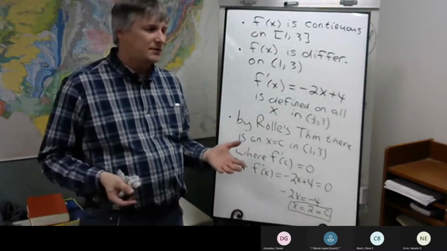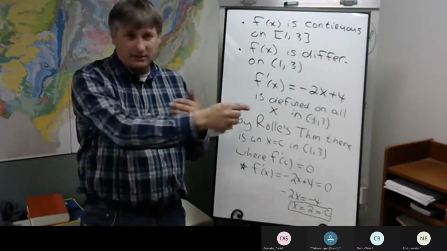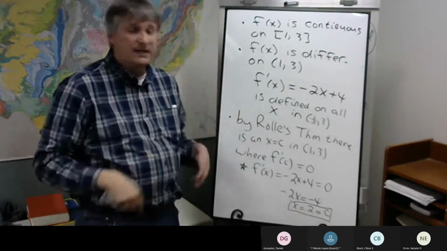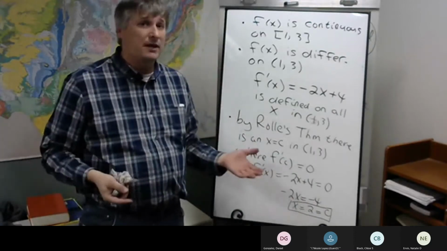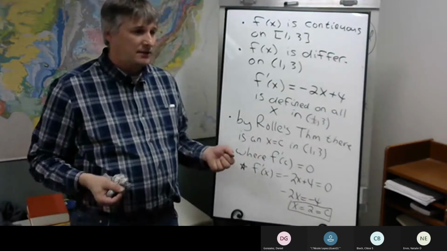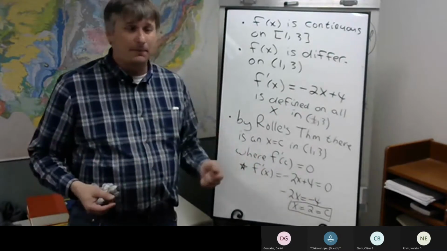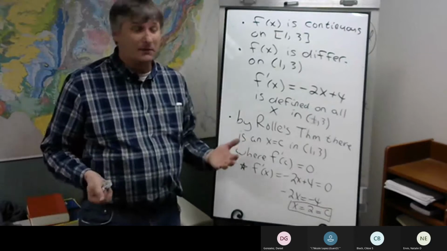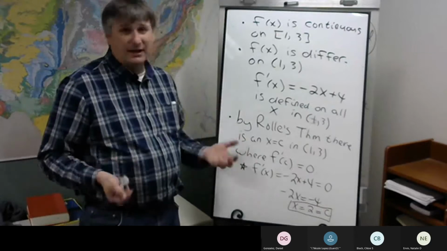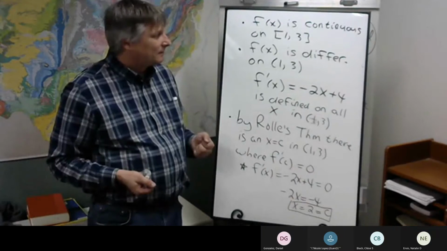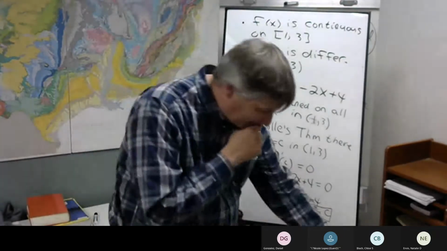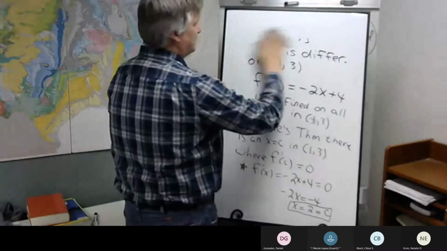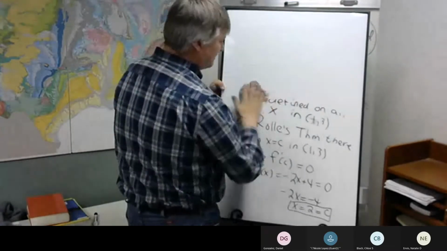What it really is telling us is that there's a number between a and b where this will have a derivative that's equal to 0 if, again, f is continuous on that closed interval and it's differentiable on the open interval. And that means we have a derivative that has a value of 0 somewhere in there, or a value of x that lets that happen. So that's Rolle's.